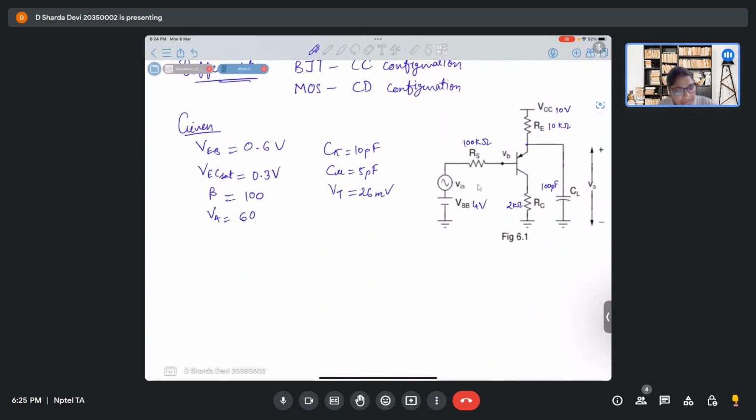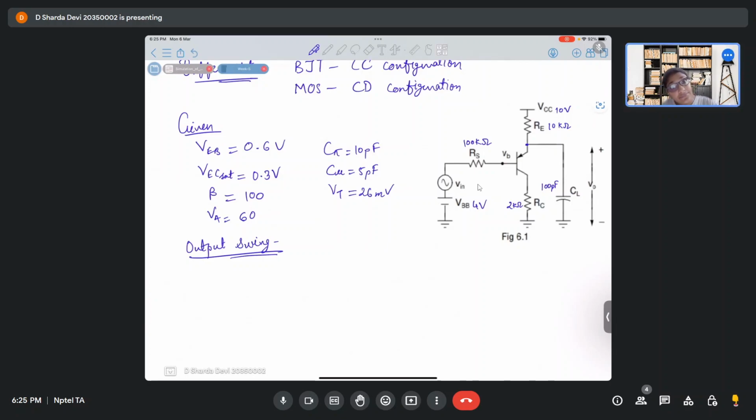So to find the output swing, what is it that we need? Last time we discussed output swing. What is the output swing? VE minus VEC saturation.